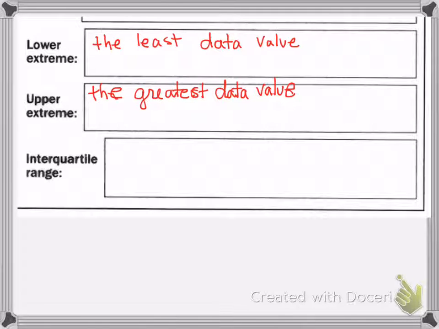The interquartile range, abbreviated usually as IQR, is the difference of the upper quartile and the lower quartile.